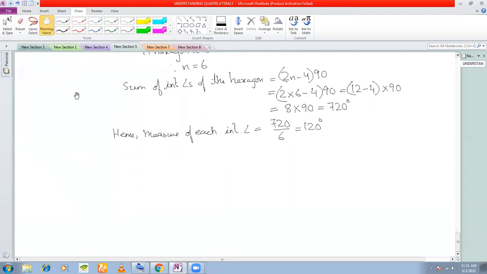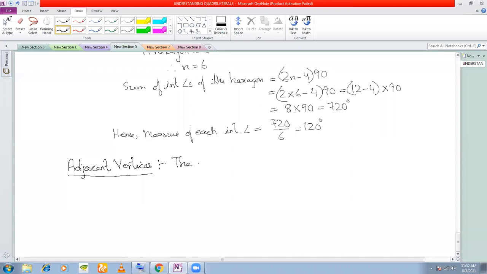Having discussed formula number 1, which is the sum of interior angles, we now come to a small definition. If you remember, I told you the definition of adjacent sides. We now come to the definition of adjacent vertices. What are adjacent vertices?